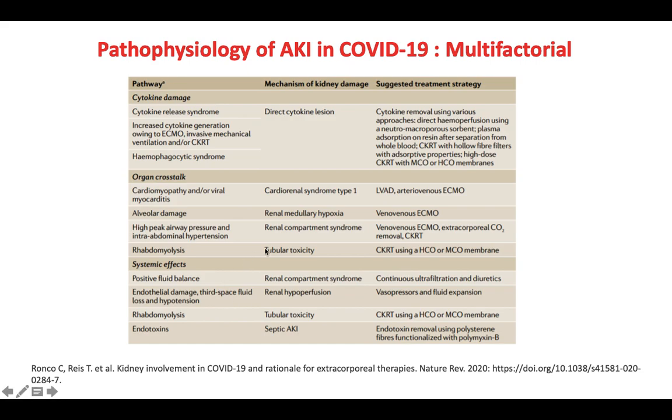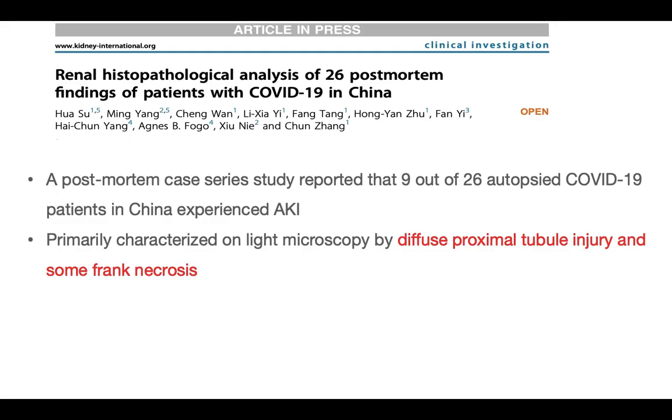On the other hand, as I already told, endothelial damage will lead to third spacing and decreased effective intravascular volume to perfuse the kidneys. Secondary bacterial infection leads to lipopolysaccharide, the endotoxin, because of gram-negative sepsis that leads to septic AKI. So multiple pathophysiological pathways have been linked to acute kidney injury secondary to COVID-19.